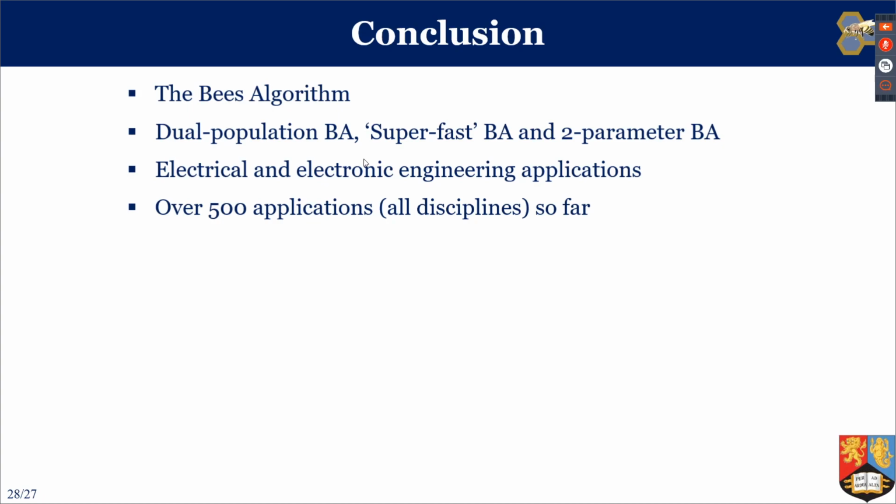We have seen three versions of the Bees algorithm to address the problems of multiple parameters or slow convergence. So we now have a super fast Bees algorithm and a two-parameter Bees algorithm and the dual population Bees algorithm developed by our friends in China.